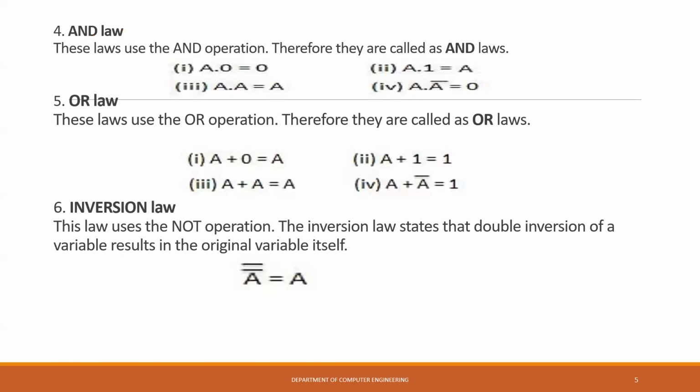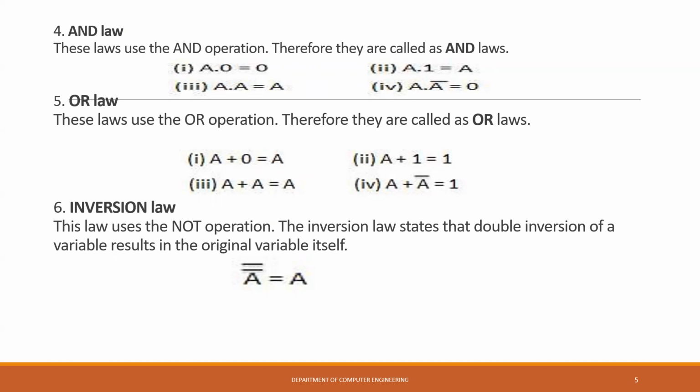Okay, now next is the AND law. The AND law is used to indicate AND operations. Therefore, they are called the AND laws. The AND law indicates the multiplication property as A dot 0 is equal to 0. By multiplying 0 to any number or any variable, we get the answer 0. Second, A dot 1 is equal to A. The output depends on the value of A because A may be 0 or may be 1.